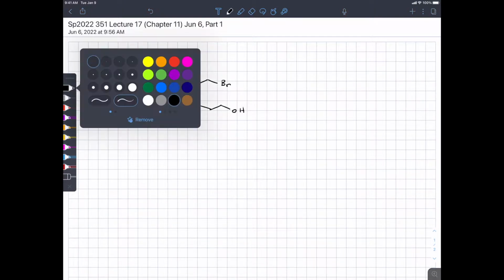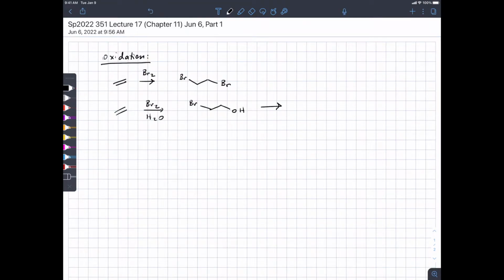One of the things I didn't tell you that you can do with the halohydrin is an intramolecular SN2 reaction. That is, you could have sodium hydride as a base, remove the proton on the alcohol to generate the following intermediate, which can then snap closed as the oxygen attacks the sigma star, the carbon-bromine antibond, to give you an epoxide.